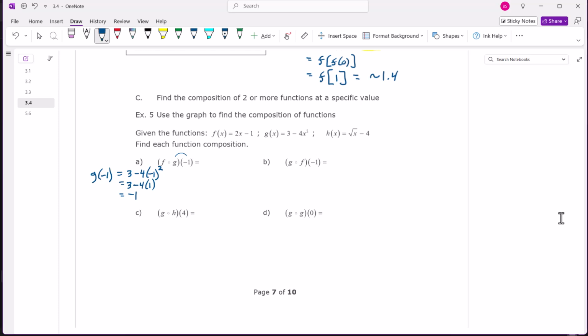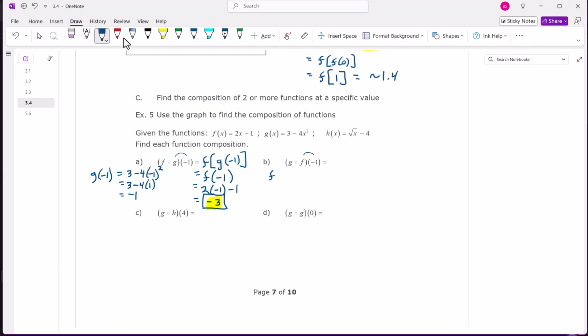When you put this together, you can write this as f of g of negative 1, but g of negative 1 is negative 1. Now that needs to plug into the function f, so that negative 1 is going to plug in there, so we work out 2 times negative 1 minus 1, which gives an answer of negative 3. So you're doing arithmetic, but you're doing it in a certain order.